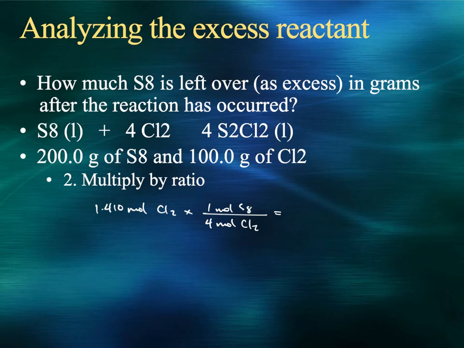So we got 1.41 divided by 4. Okay, with 4 sig figs, this is 0.3525 moles of S8. Okay. Well, if we want to figure out what the mass of that is, that's what step 3 is going to be. We've got to figure out how much is left over.